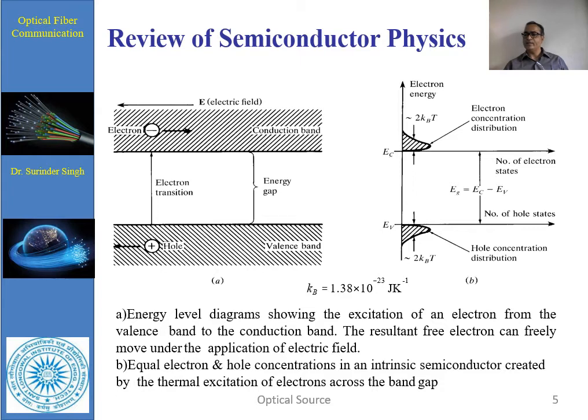The concentration of electrons and holes is known as the intrinsic carrier concentration, which is equal to n or equal to p, generally represented as Ni.